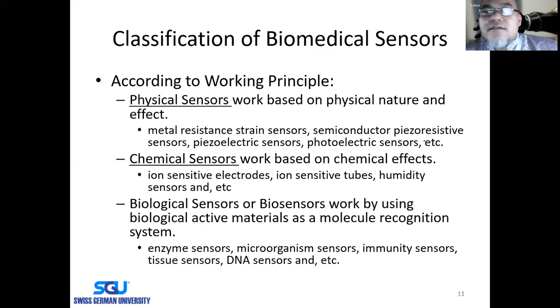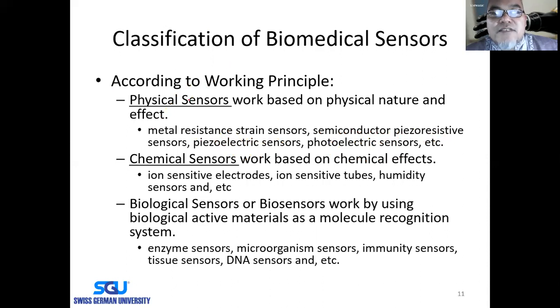Piezo means a physical law that relates physical strain or pressure with resistance change. This is piezoresistivity. Piezoelectric sensor, a law that relates pressure change, stress change into voltage signal, into electricity. Photoelectric sensor, when there is radiation change into electricity.